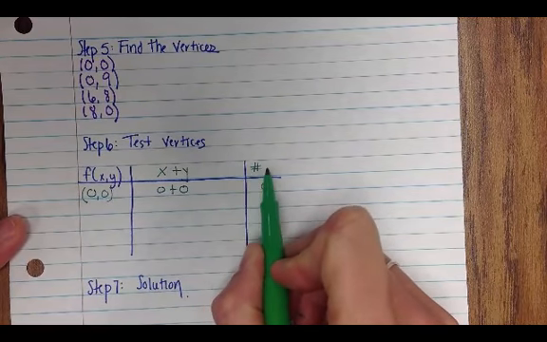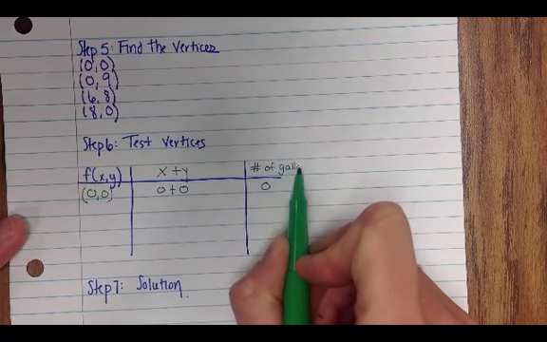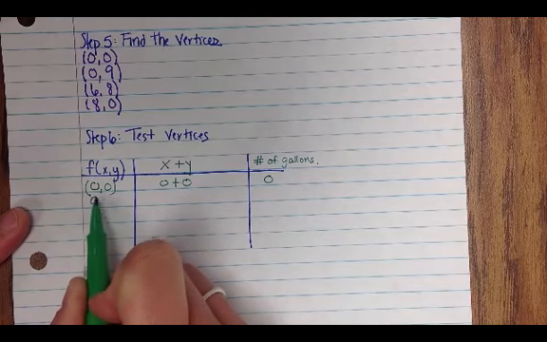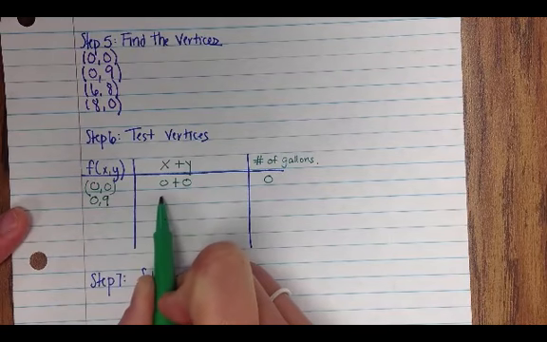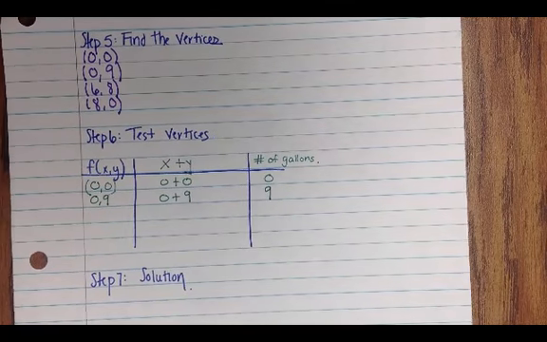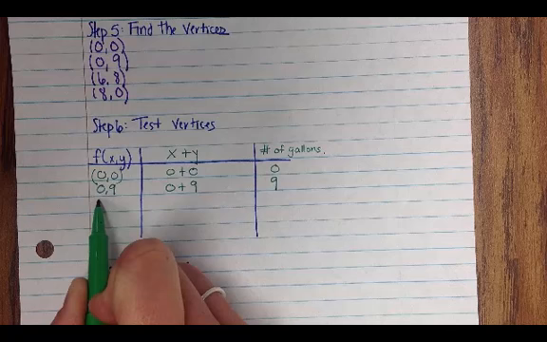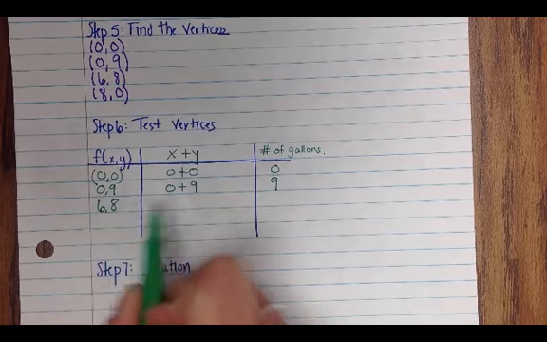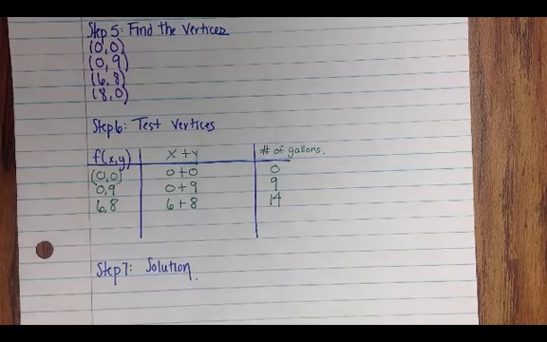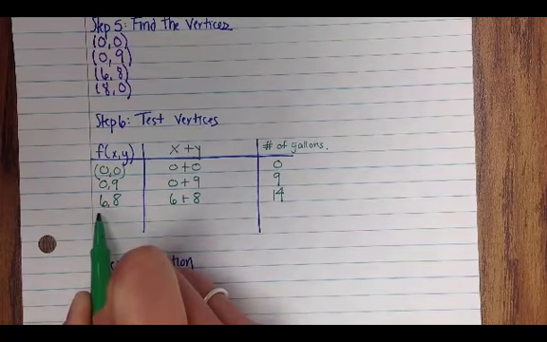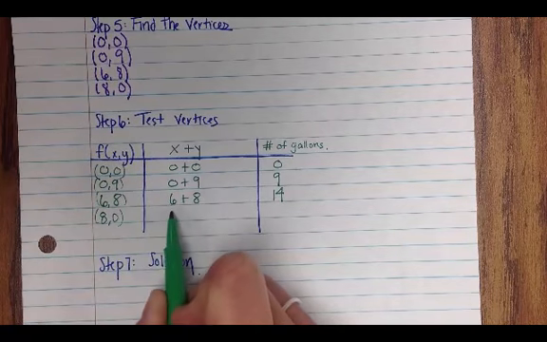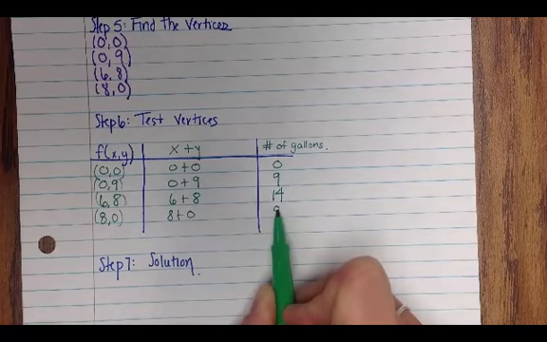So this represents the number of gallons for color A and for color B. We have the next vertex we found was 0 and 9, so that would be 0 plus 9, which would mean 9 gallons of paint. Our next vertex that we have is 6, 8, would be 6 plus 8, which would make, we could make 14 gallons. Then we have 8, 0, which would be 8 plus 0, which would be 8.